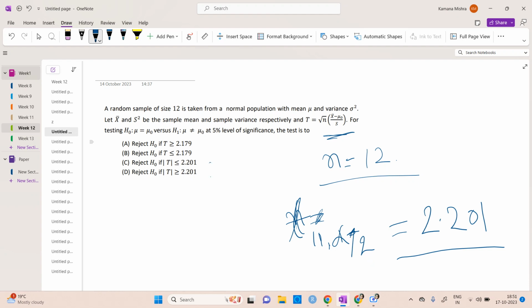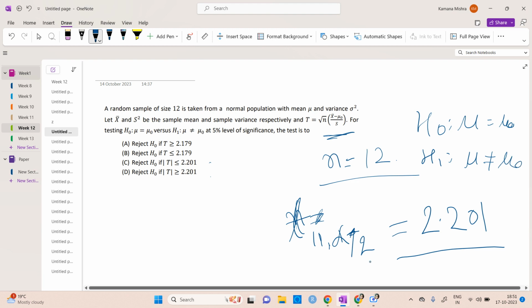Now you try: when do we reject this null hypothesis? We have H naught as mu is equal to mu naught and H1 as mu not equal to mu naught, right?